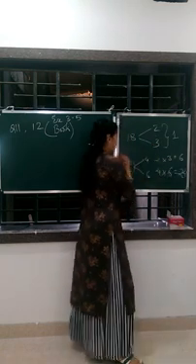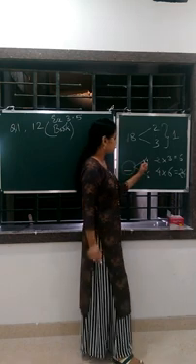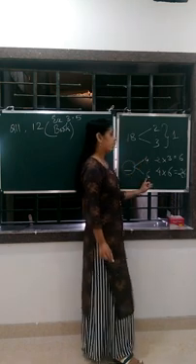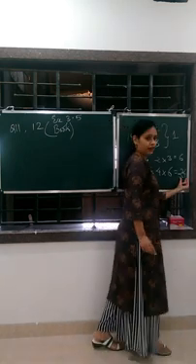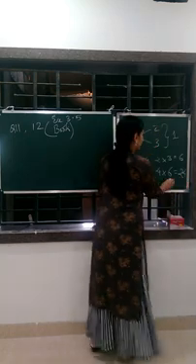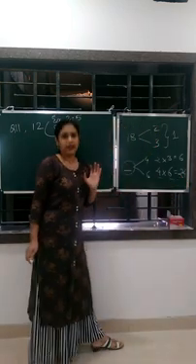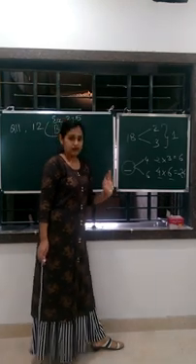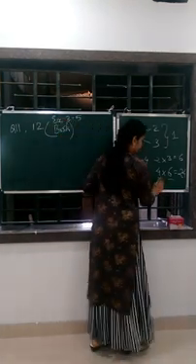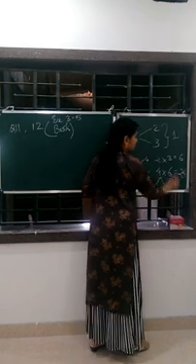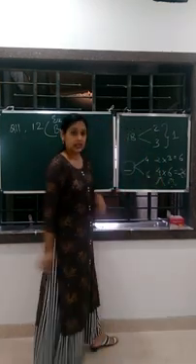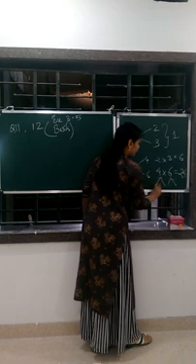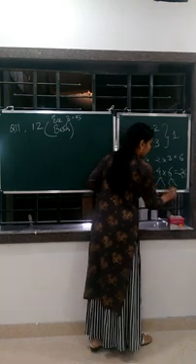So, if any number is divisible by 4 and 6, it should be divisible by their product also. For that, 4 and 6 should be co-prime numbers, means the common factor should be 1. But when we check the factors of 4 and 6, the common factors are 1 and 2 both.